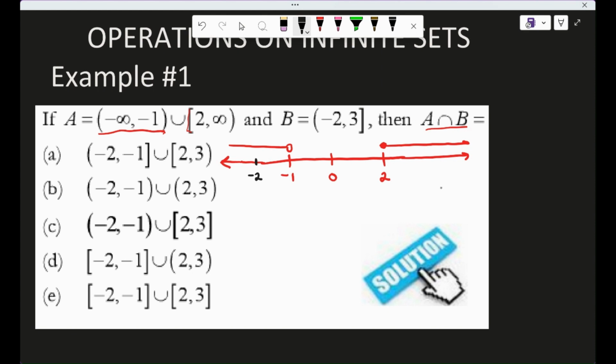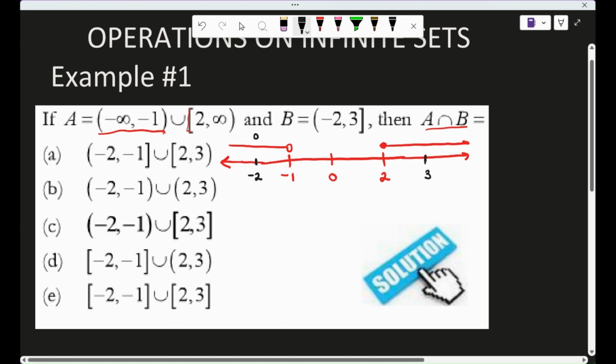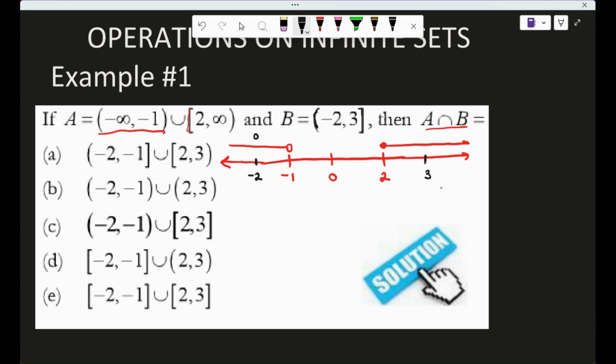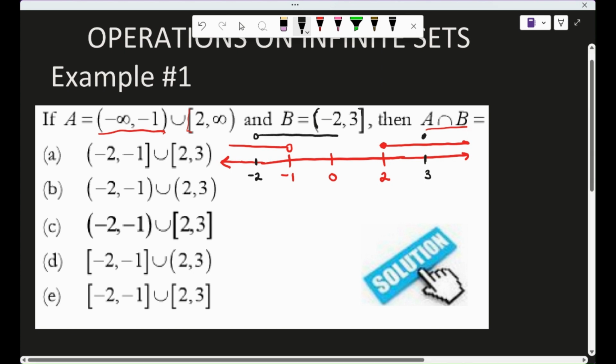And if this is 2, 3 will be somewhere here. We put an open circle at minus 2 because it is open there. But at 3, it is closed. So we put a closed circle and we connect these two circles.